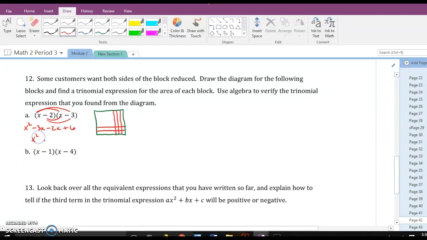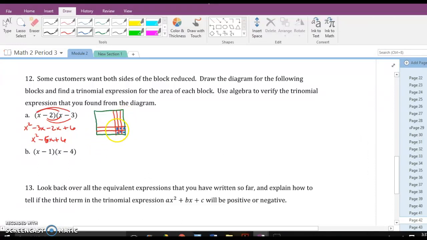So we end up getting x squared minus 5x, sorry, plus 6. So what happens is these little blocks here turn into what? They turn into positives. We don't have any negative and positives to cancel each other out here.